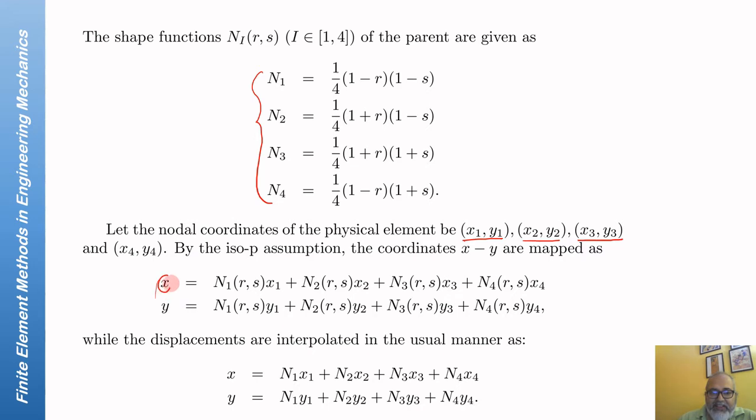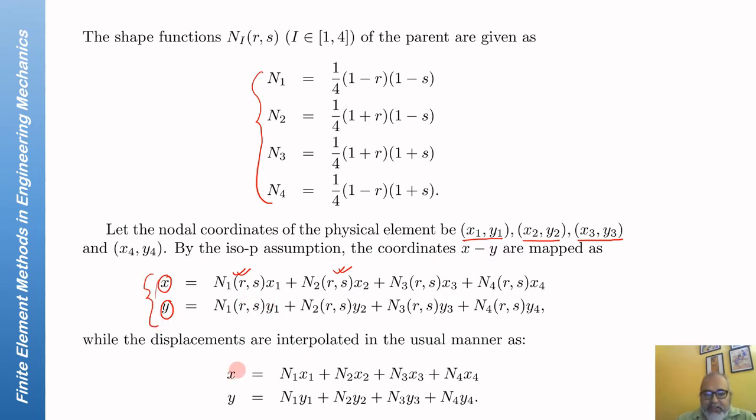So x at any point and y at any point inside the parent element is obtained using the same shape functions as they are used for the field variables and the nodal coordinates of the four physical nodes of the element. So this is by dint of the isoparametric assumption that we have made.